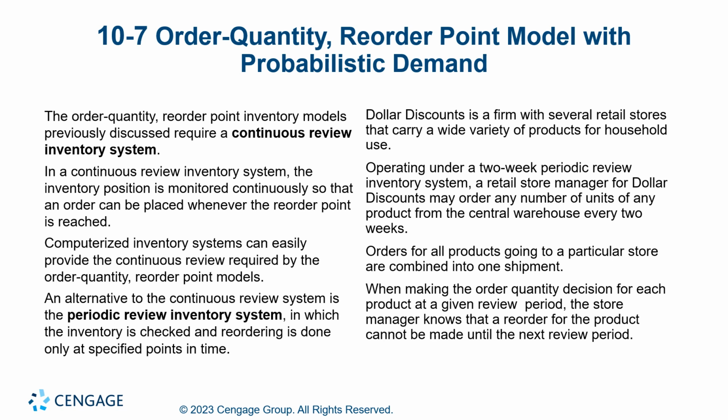An alternative to the continuous review system is the periodic review inventory system. With a periodic review system, the inventory is checked and reordering is done only at specified points in time. So maybe every week or every month you will compute the inventory. An example of this is inventory may be checked and orders placed on a weekly or monthly basis.